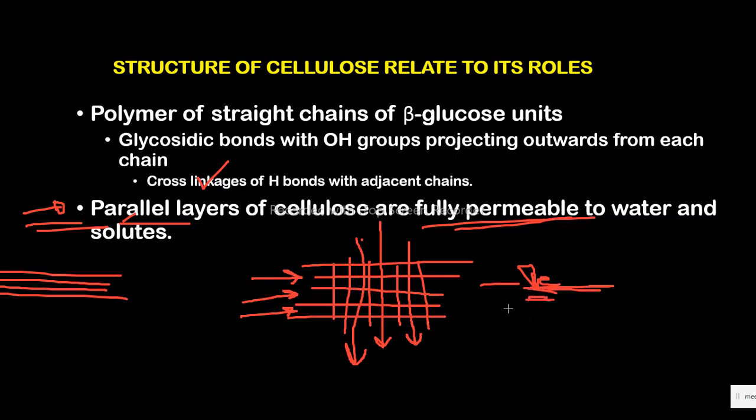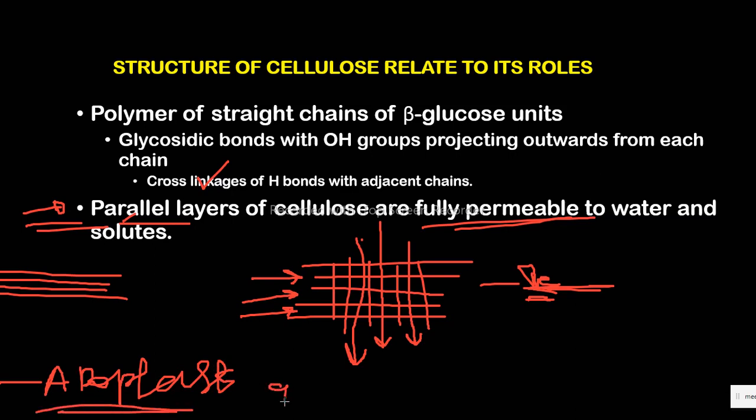You study in transport what we call the apoplast. Have you ever heard of this anywhere? The apoplast pathway. Almost 90% of water transported in the cortex cells, and 90% of food transported in the mesophyll cells, is transported through the apoplast.